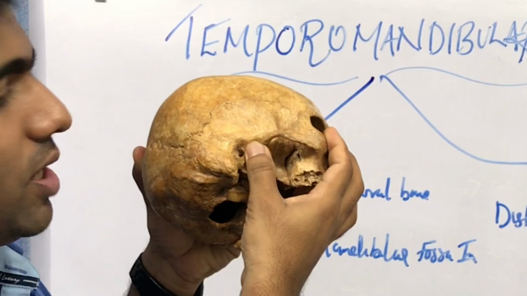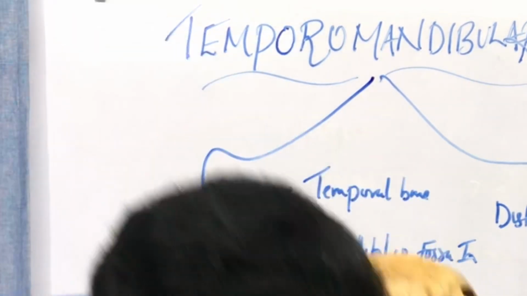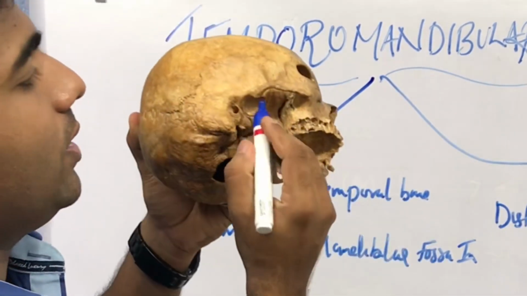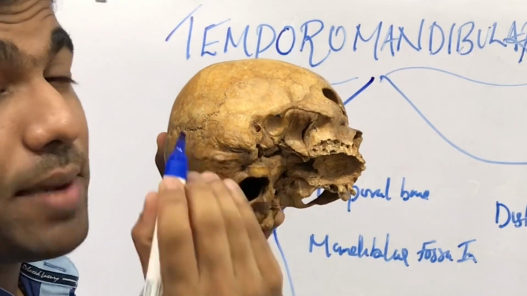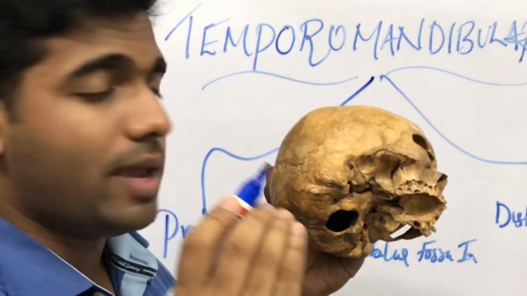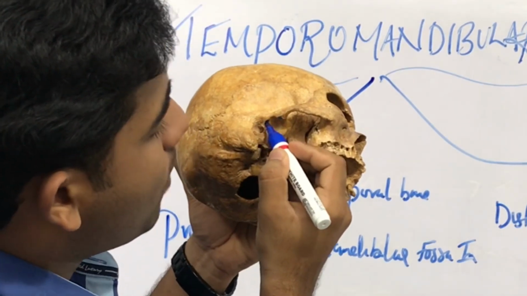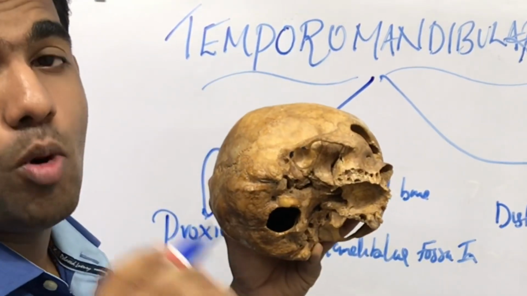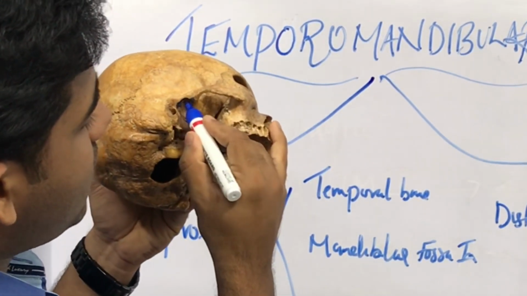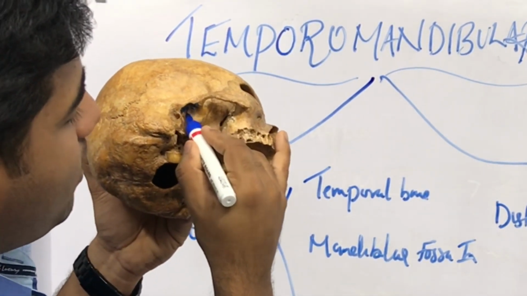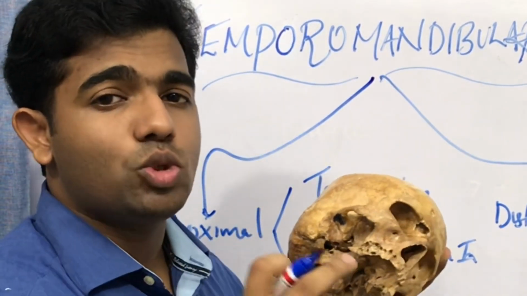This is the mandibular fossa, a concave-shaped mandibular fossa, right? And it is extending between this structure, the articular eminence, and this expansion over here, which is known as the postglenoid tubercle. So this is the mandibular fossa in the temporal bone, and this is where your temporomandibular joint is going to articulate.